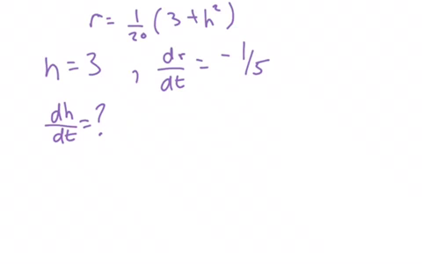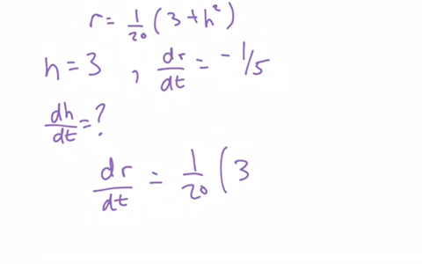So take the derivative via implicit differentiation. So this is going to be dr/dt equals 1/20 of 3 plus h squared. I'm doing implicit differentiation, so I need to make sure that I take the derivative of this.